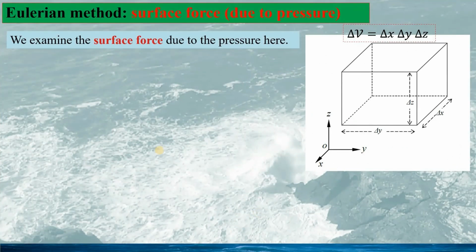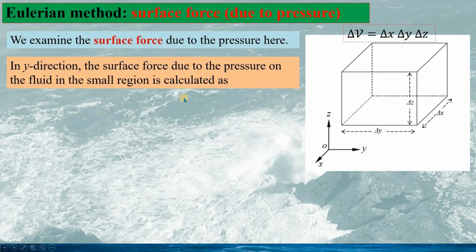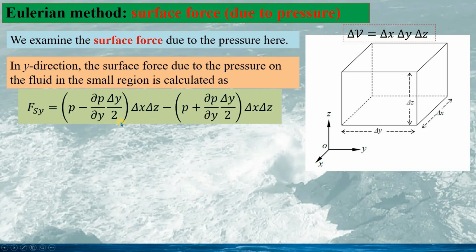In the next two slides, the surface force due to the pressure will be examined. The same cubic will be used as in the previous slide. First, we look at the y direction. The surface force due to the pressure on the fluid in the small region is calculated as this: capital Fsy.